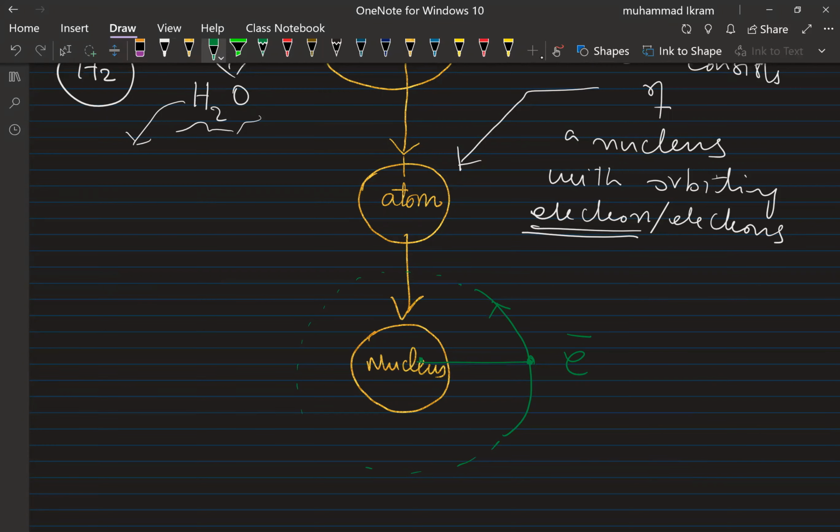Now let us see the matter, and I told you about the types of the matter also, right? But not in that great detail. Here by the types we actually mean the physical types of the matter.